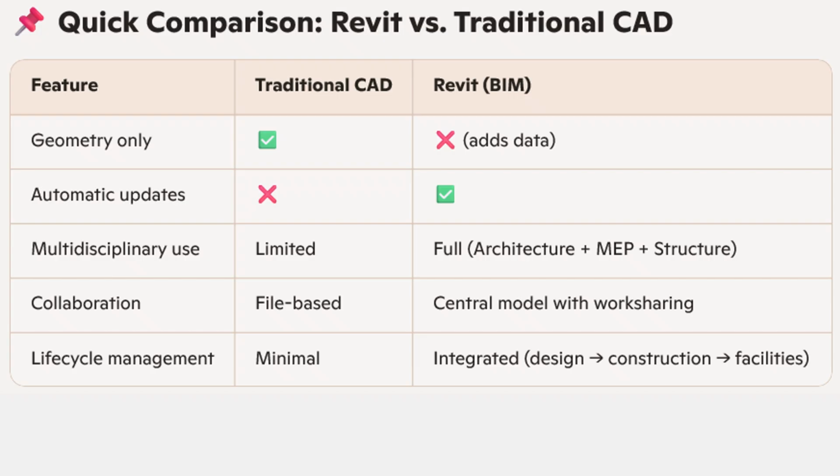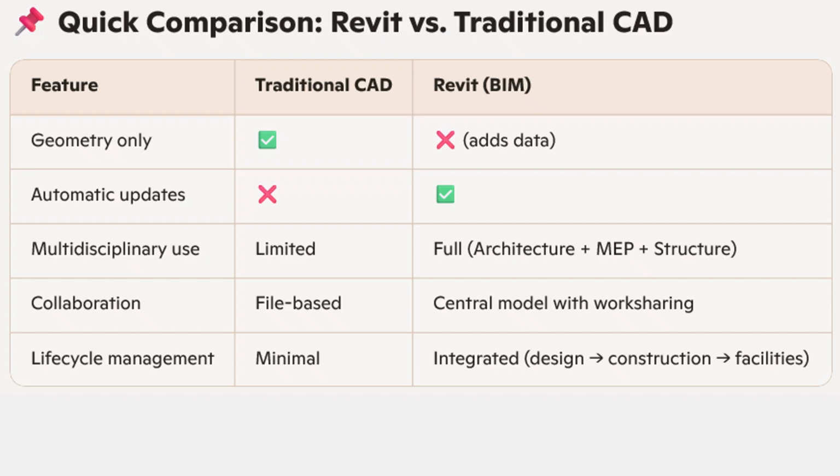Fourth, collaboration. Traditional computer-aided drafting software relies on file-based workflows, passing versions back and forth. Revit uses a central model with work sharing, enabling real-time collaboration and reducing version conflicts. And finally, lifecycle management. Traditional computer-aided drafting software stops at design.